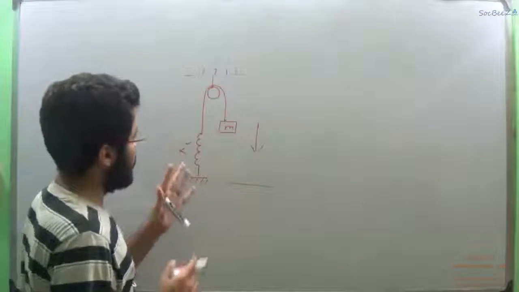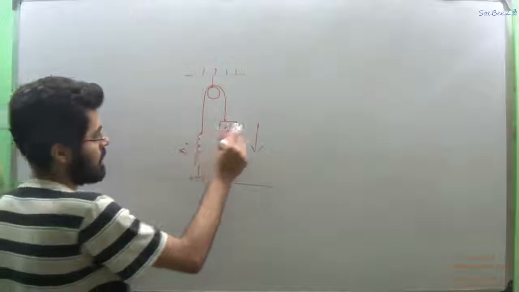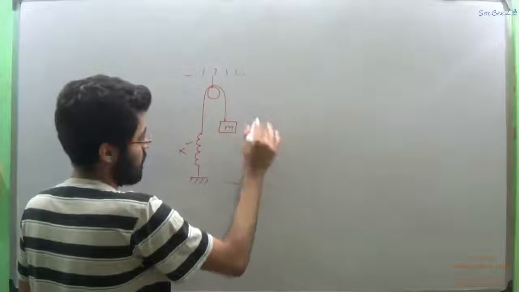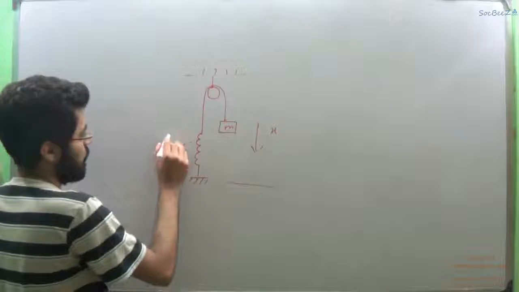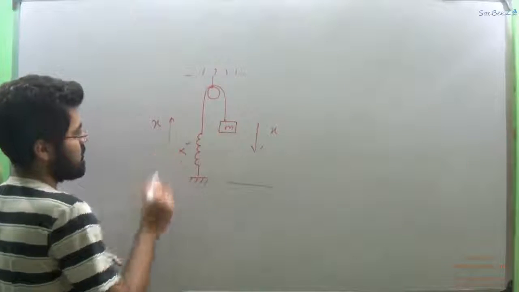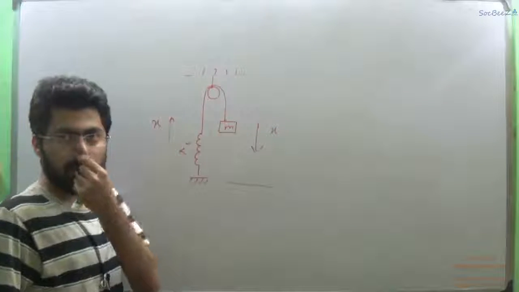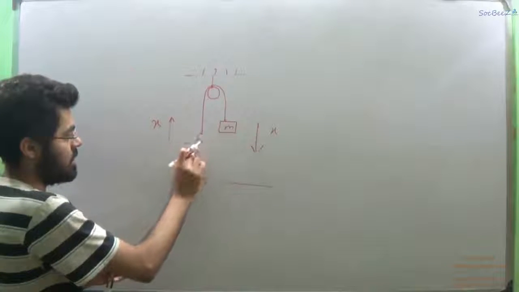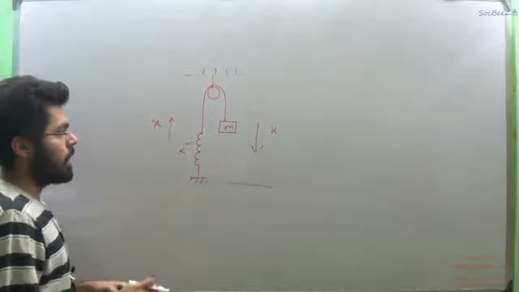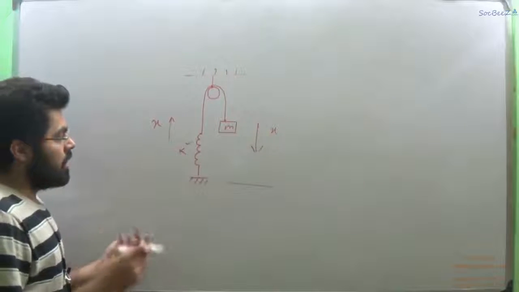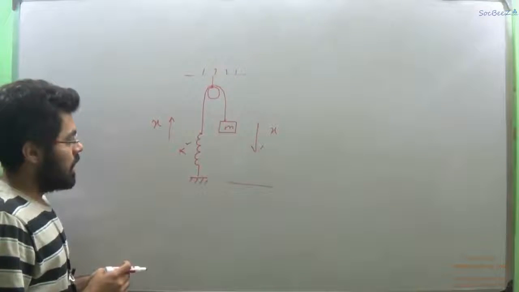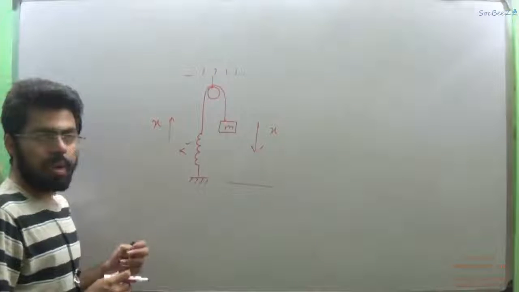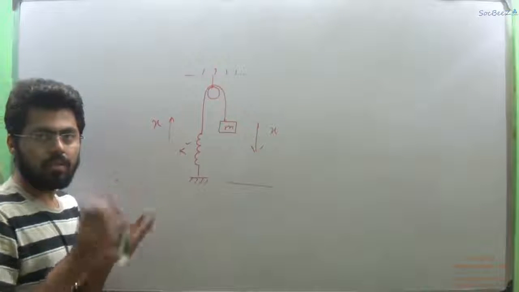Suppose the mass m comes down by distance x, then the spring will get elongated by distance x at the same time, because the string is of fixed length. So the only thing which will change its length is this spring. It's been asked what will be the maximum elongation of the spring under this situation.